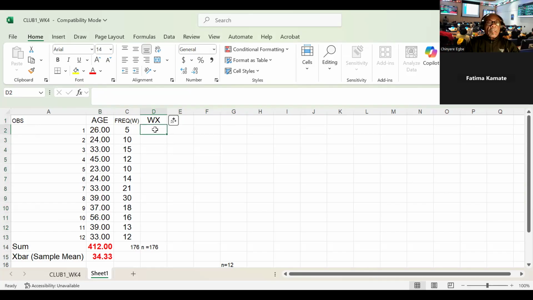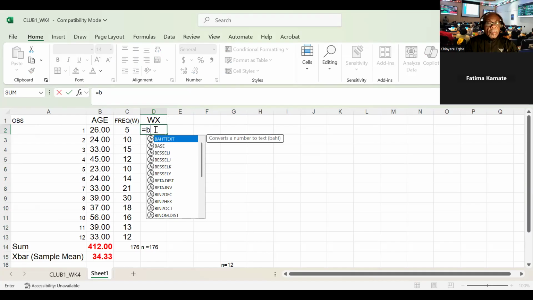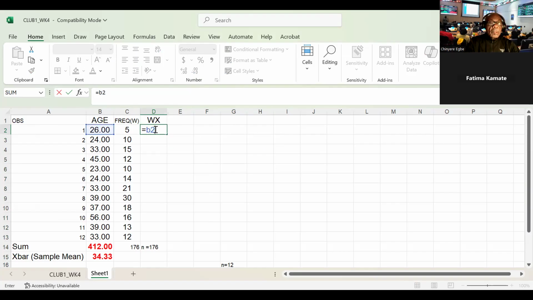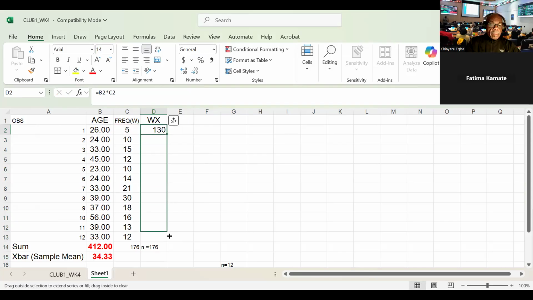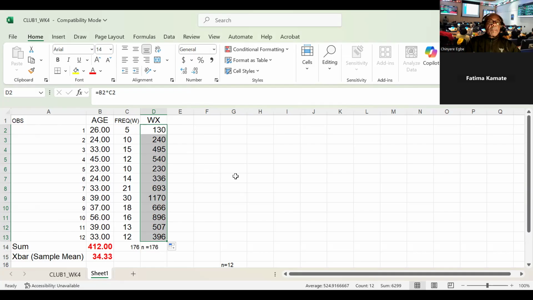So we take B2 star C2. So we multiply 26 by 5. And so the weight times value here is 130. We do that down the line. So for each value, we multiply times the number of observations. All right? Okay.